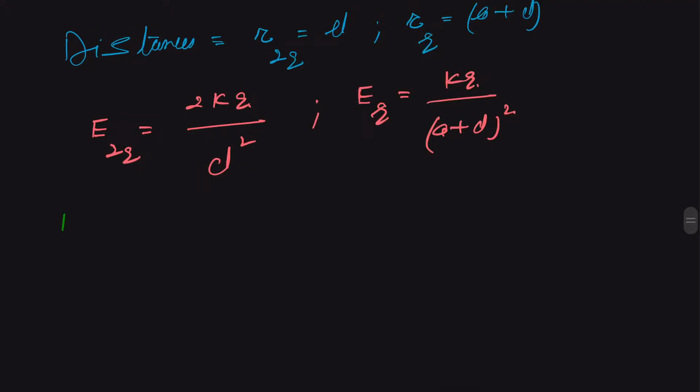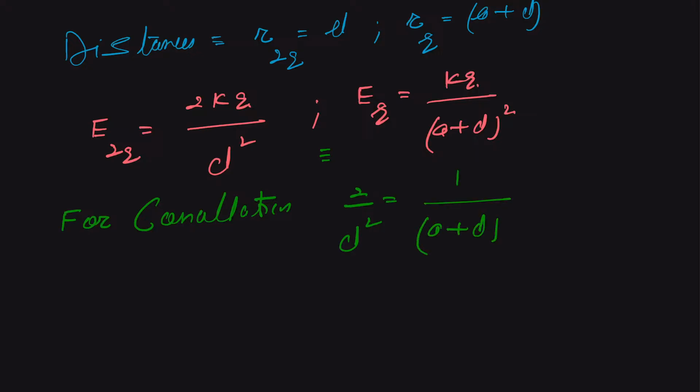So for cancellation we can just equate them, and we get 2 upon d square equal to 1 upon a plus d whole square, because like terms are going to cancel out throughout.